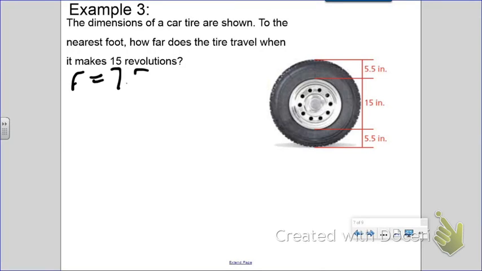Okay, the rim is 7.5 for the radius. We want the entire tire, so we have an extra, so we want the whole thing.